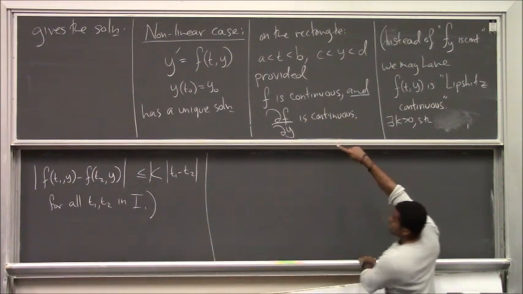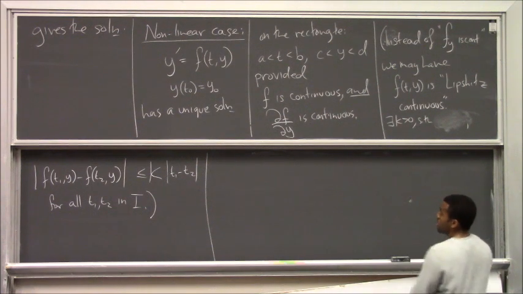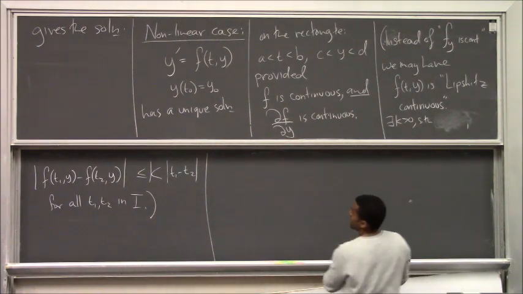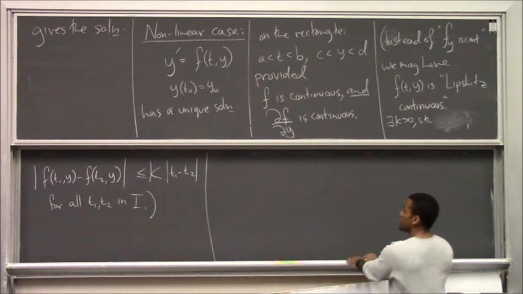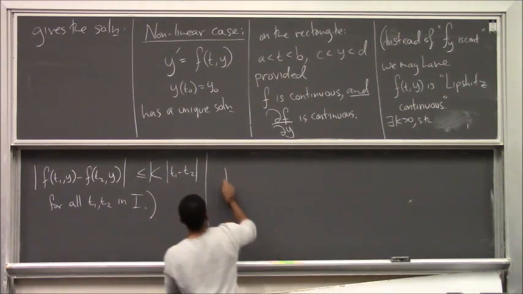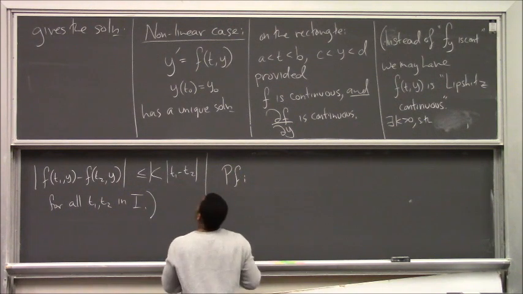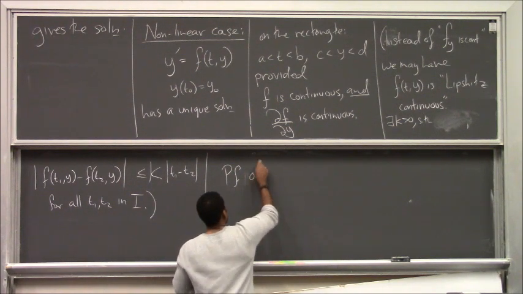So, as long as our f is continuous and the partial with respect to y is continuous, it turns out that this will have a unique solution. Now, the proof outline for this is very cumbersome.